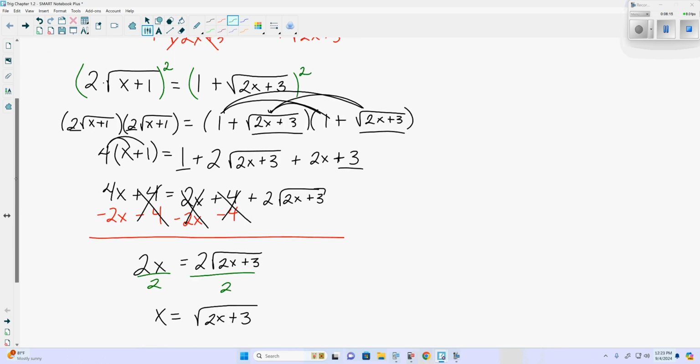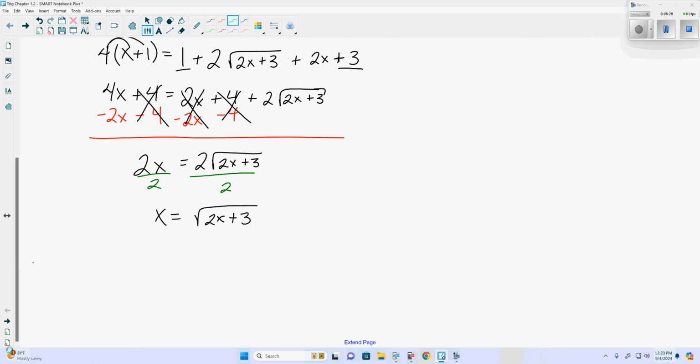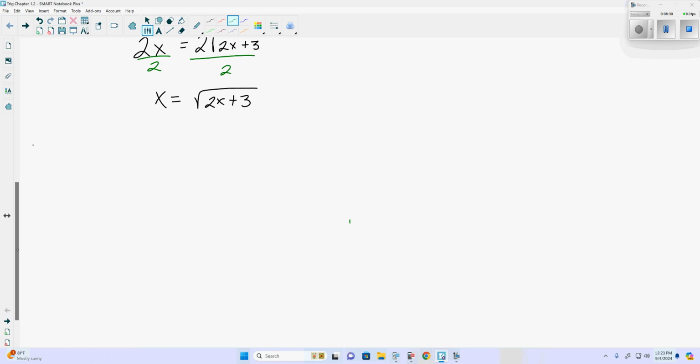Now, if we look back up here, why don't we do that over here? Are both of those, 1 and our square root of 2x plus 3, divisible by 2? Well, no, one's not, so it's better to just leave it. Here, it's divisible by 2 on both sides. We can just get rid of that extra factor of 2.